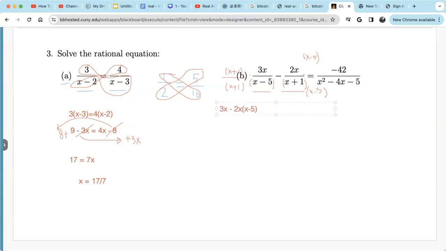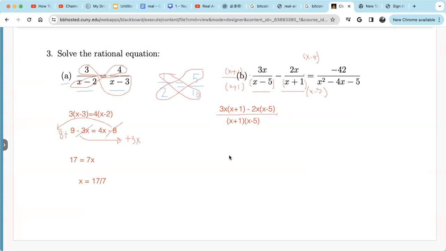So 3x times x plus 1 as the numerator of the first one. I have 2x times x minus 5 as the numerator for the second term. Now, because those two have a common denominator, I don't have to write it twice. I can only write it once. What's the common denominator? x plus 1 and x minus 5, isn't it?